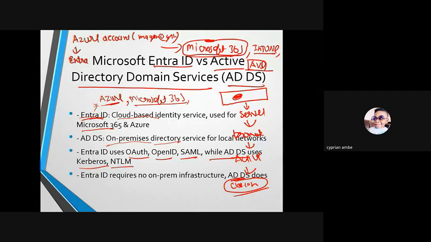Entra ID can be used for both Microsoft 365 and Azure, while ADDS is used mainly for on-premise and local networks. Entra ID uses OAuth and OpenID, while AD uses Kerberos and NTLM protocols. Entra ID requires no on-prem infrastructure because it's cloud-based, and ADDS requires a server deployed on-prem.